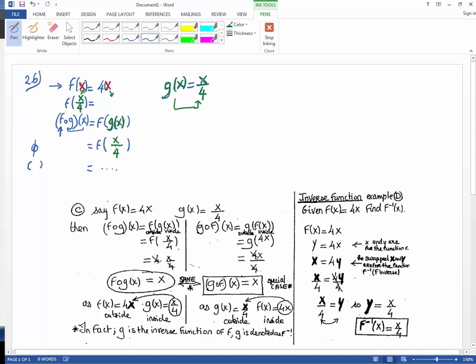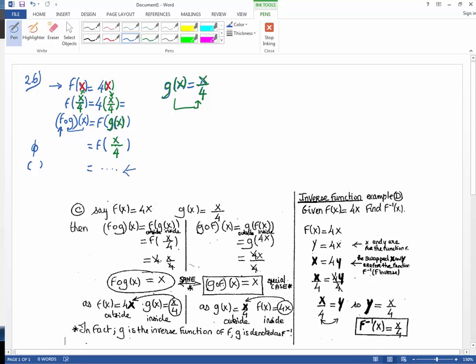So let's see what we get, and we can put little parentheses to welcome the change. So we'll get that f evaluated at x over 4 is 4 times, and instead of red x, I'm going to put what it stands for, which is x over 4. Now we could write this information right here, then simplify, or we could just go ahead and simplify where we are, and once we know what f evaluated at x over 4 is worth, we would go back and fill in the information at this level.